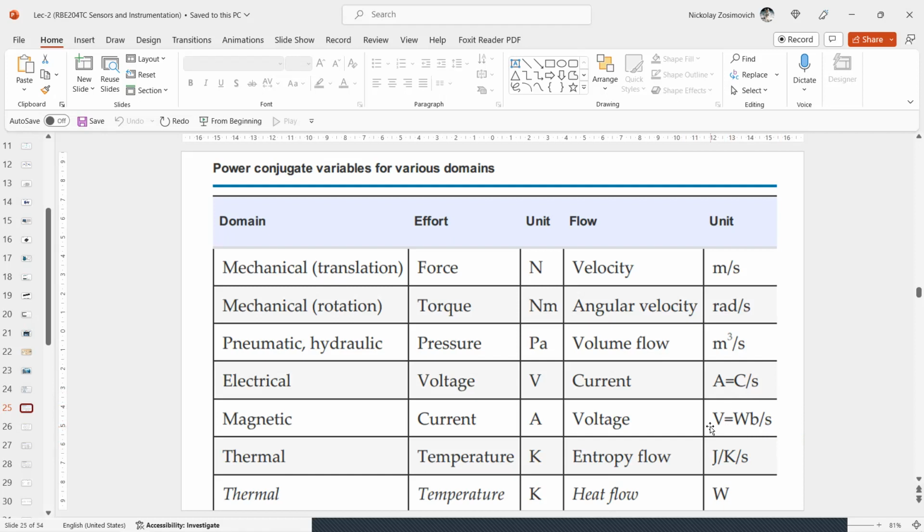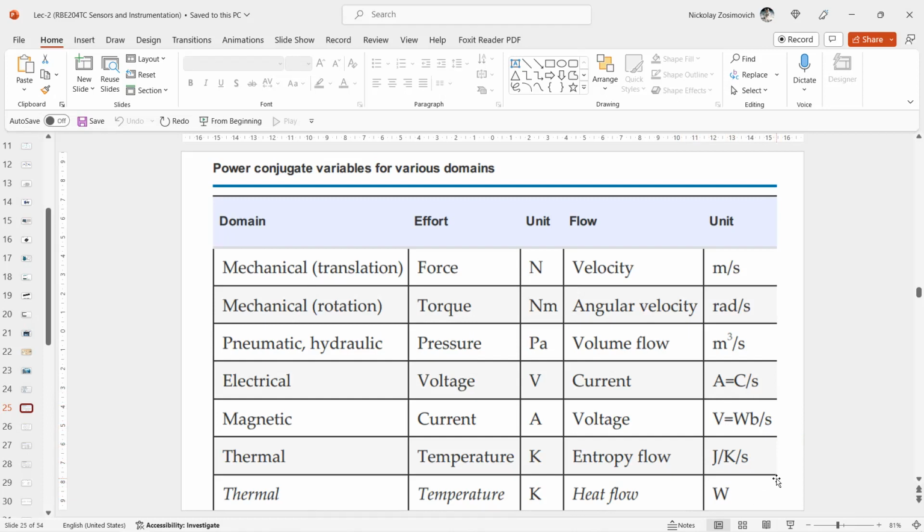For practical reasons, the heat flow we have here is often taken as a thermal flow variable, rather than the entropy-related quantity, which is not measurable in a straightforward way. Yes, indeed. The domain is therefore sometimes called the pseudothermal.